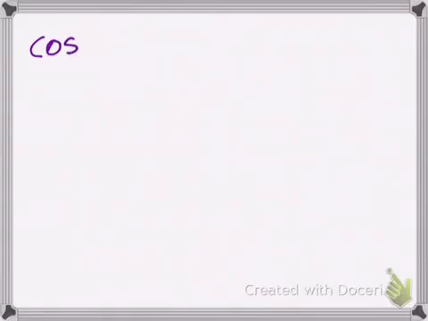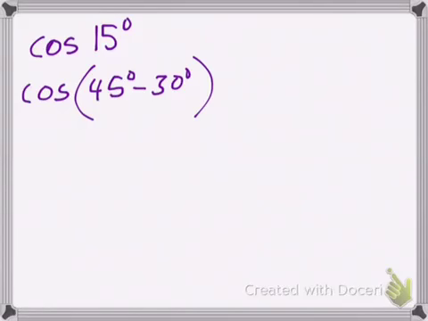If we did cosine of 15 degrees, there's a couple ways we could do this, right? We could use a difference identity, and we could say this is the cosine of 45 degrees minus 30 degrees. Or we could use a half angle identity, and we could say this is equal to the cosine of 30 over 2.